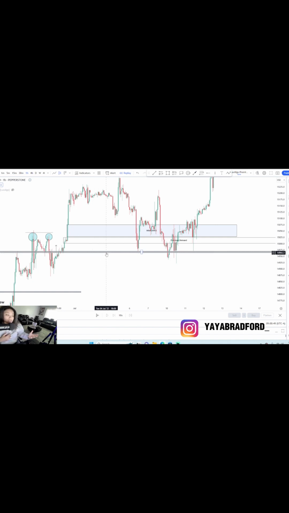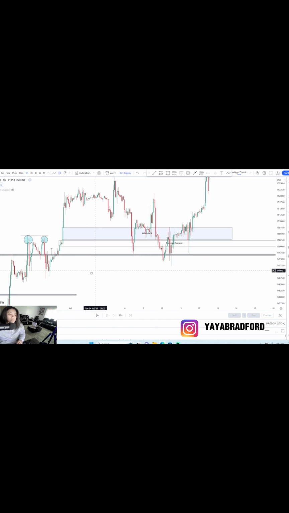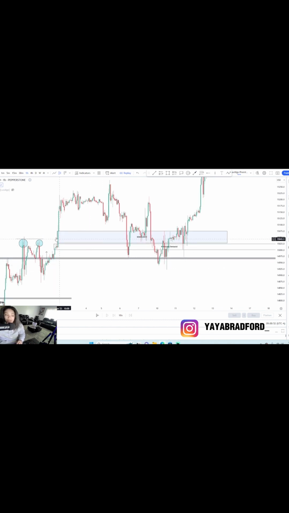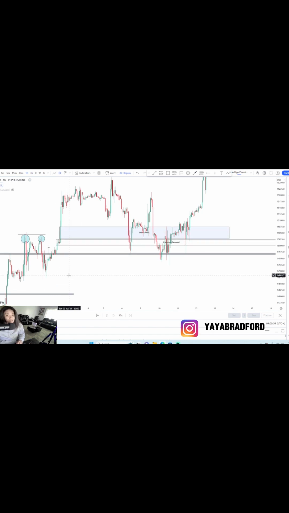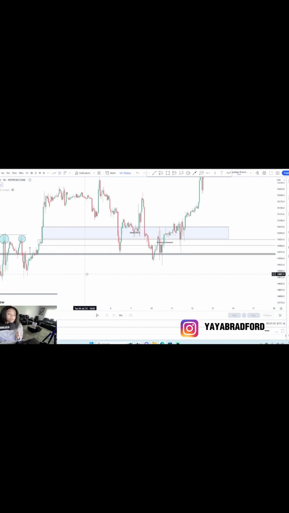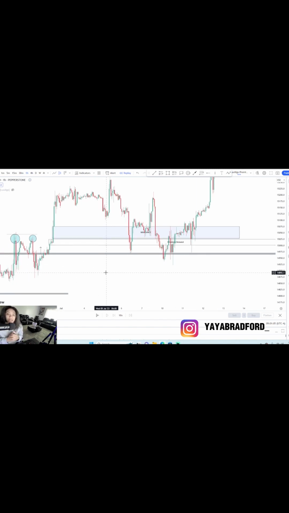It could reverse off of it. We do know that above this area we had a gap here, and we have a demand zone here. And it's a possibility that liquidity is sitting in this area. Liquidity is basically just where a lot of orders are sitting, and price wants to go there and stop a lot of people out before it actually goes in its direction.